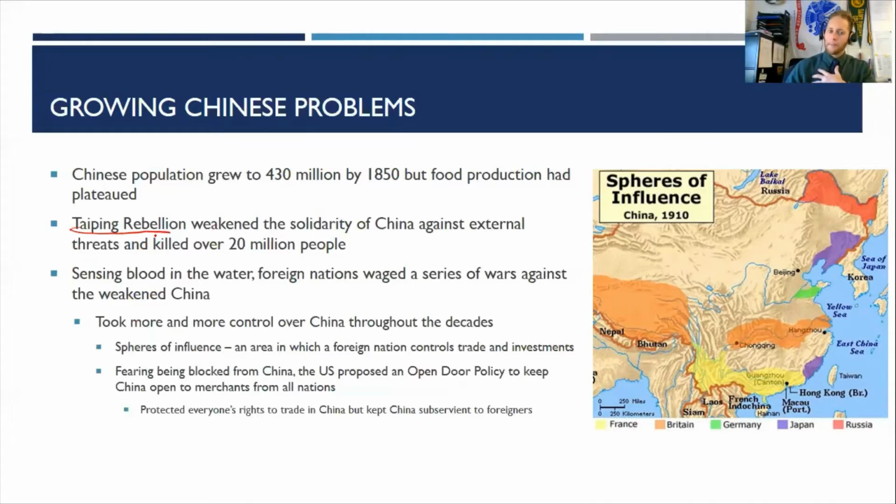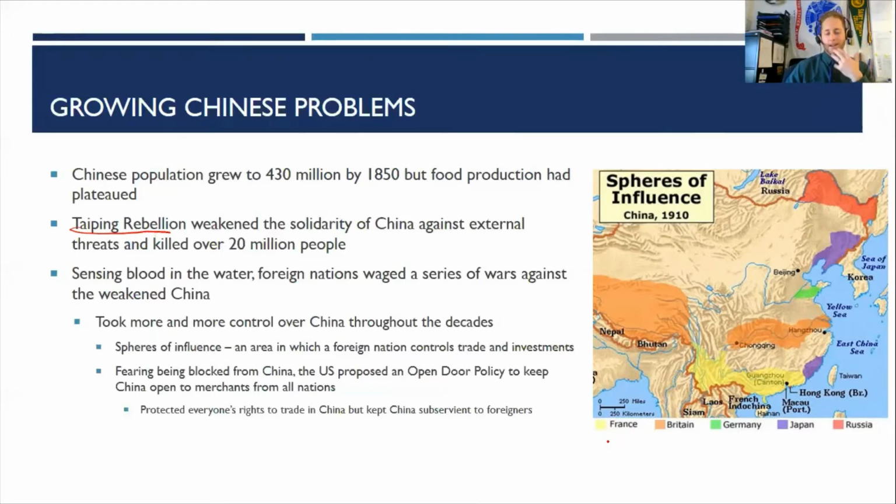The Taiping Rebellion is intending to overthrow or modify the government to remove external threats, such as the British, the Germans, the French, the Americans, anybody that's interfering in China as a whole. By the end, 20 million people are going to be killed, which is a pretty ridiculous number. But China has this massive population, so to them, 20 million is still a lot of people, but not world-ending.